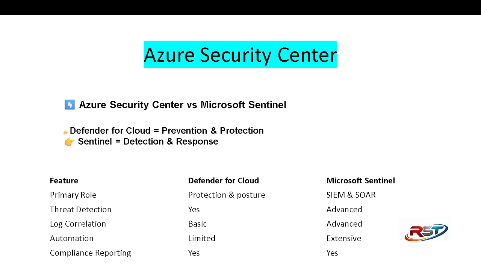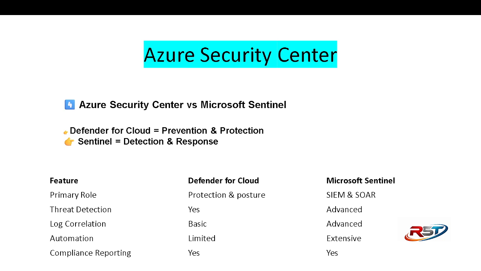Features: primary role. Defender for Cloud is protection and posture; Microsoft Sentinel is SIEM and SOAR. Threat detection: Defender for Cloud has it, and Microsoft Sentinel is advanced, with advanced threat protection.